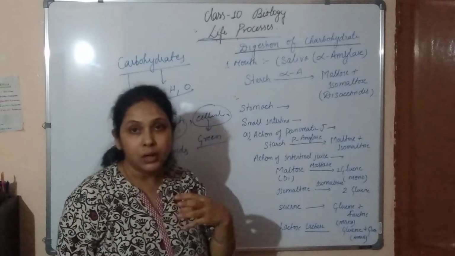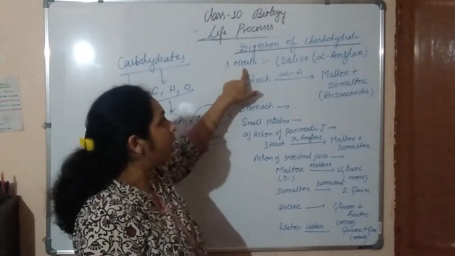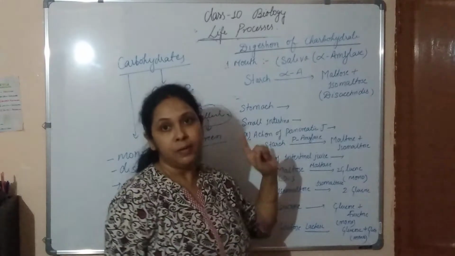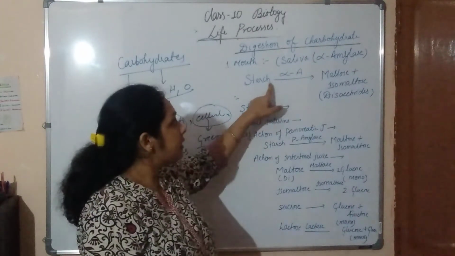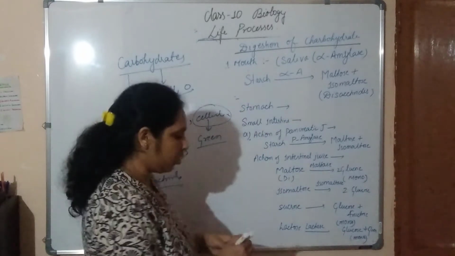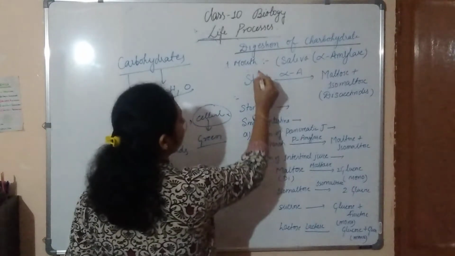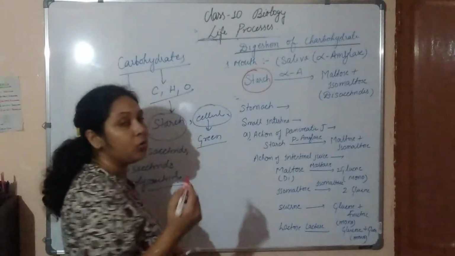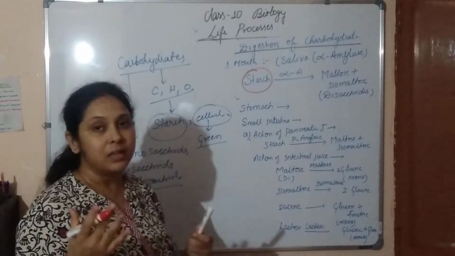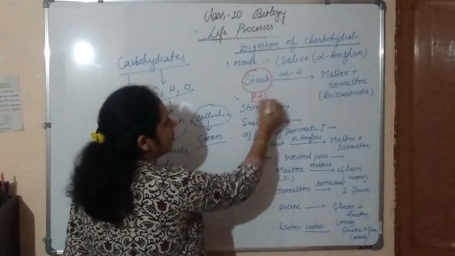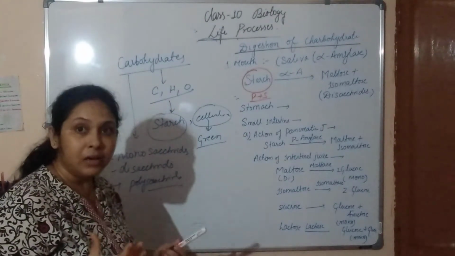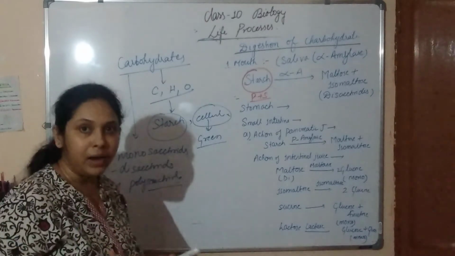When we take food, in the mouth there is a presence of saliva, and it has salivary amylase, and this salivary amylase works on the starch. And we know that starch is a complex carbohydrate, a polysaccharide. A polysaccharide contains a large unit of carbohydrate.